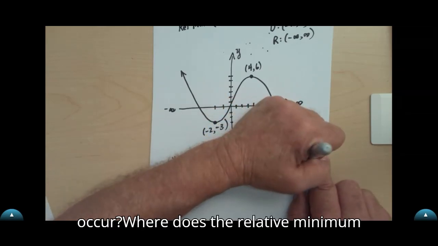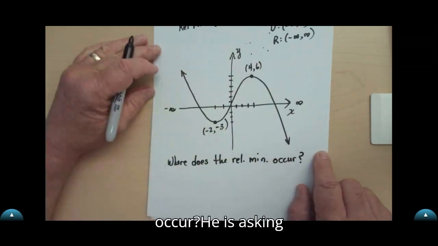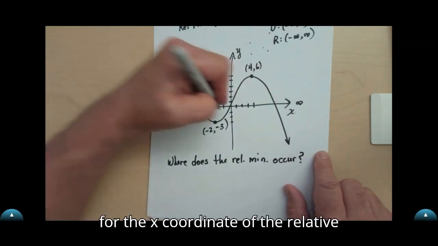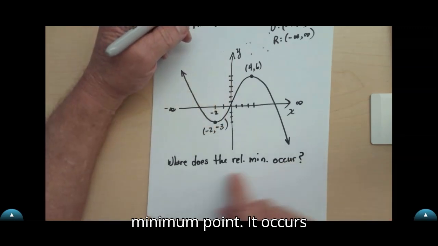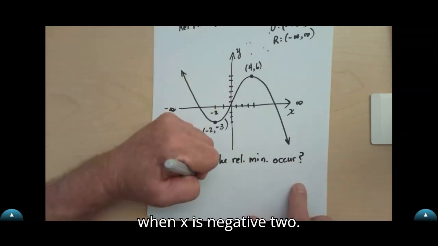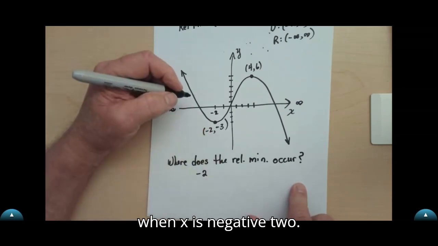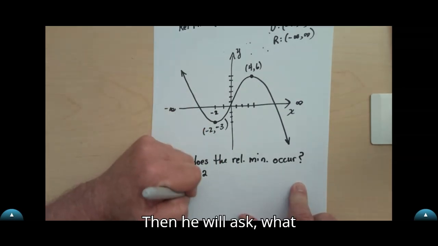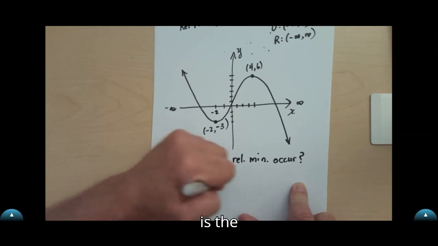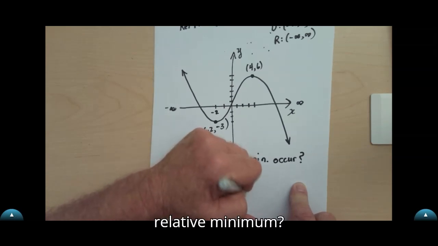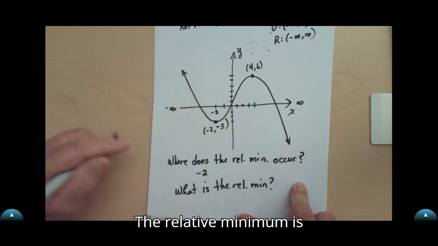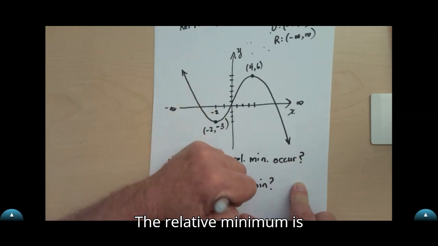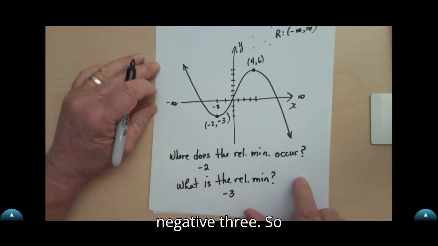He is asking for the x coordinate of the relative minimum point. It occurs when x is -2. Then he will ask, what is the relative minimum? The relative minimum is -3.